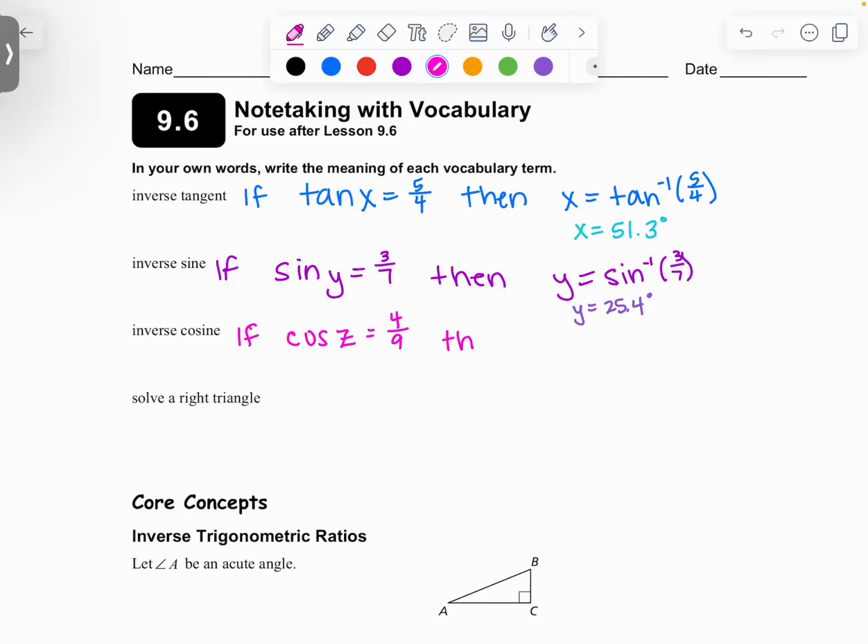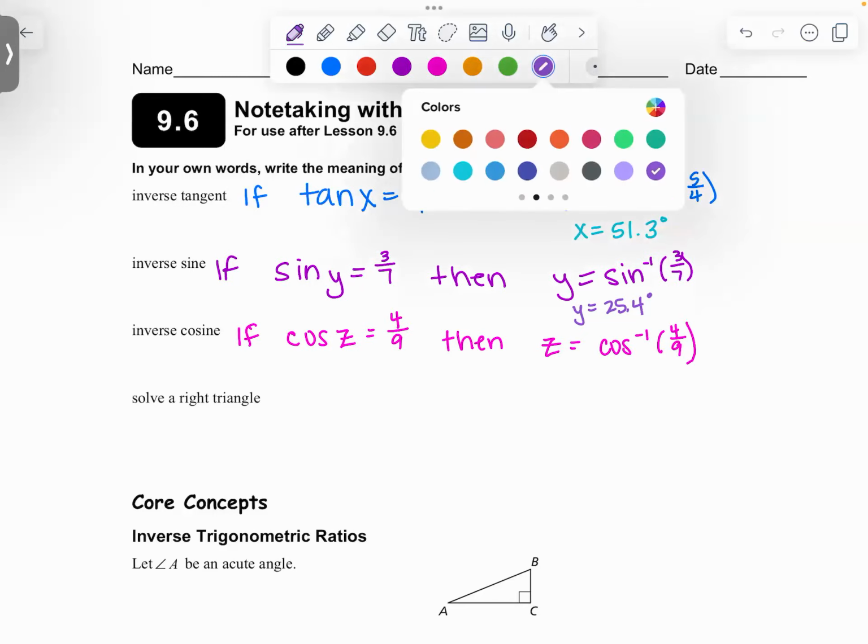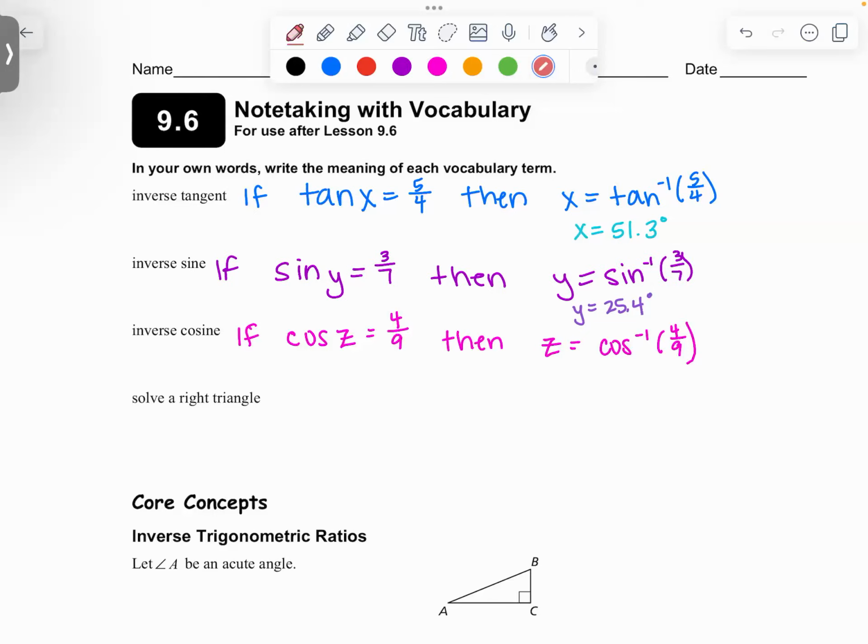Then we can take the inverse cosine of that ratio in order to find the missing angle. 63.6 is what Braden says.